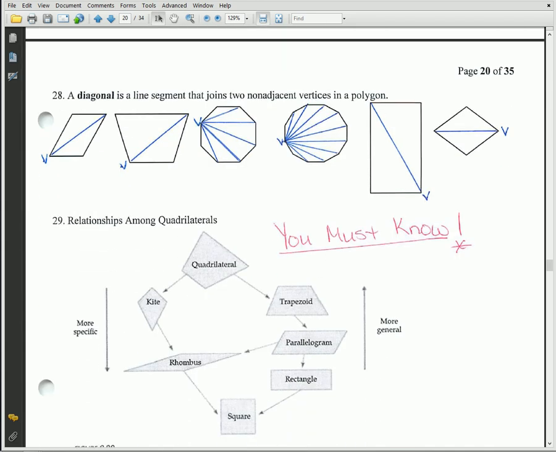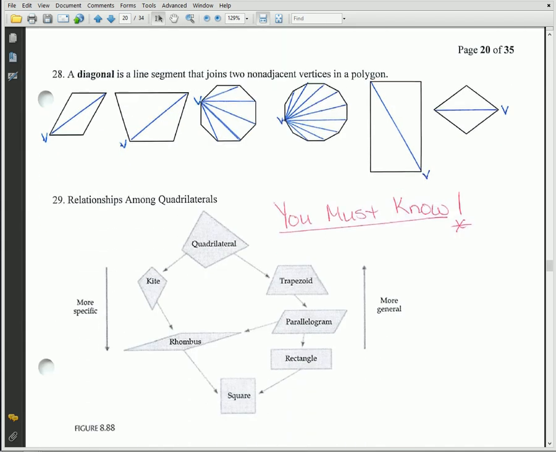A diagonal is a line segment that joins two non-adjacent vertices. So in a parallelogram, I have one diagonal, because the others are adjacent. In a trapezoid, I have one diagonal. Notice that in the octagon, I have 1, 2, 3, 4, 5 diagonals. And I think that's a nonagon, and I'm just guessing. I'm not going to count through it.